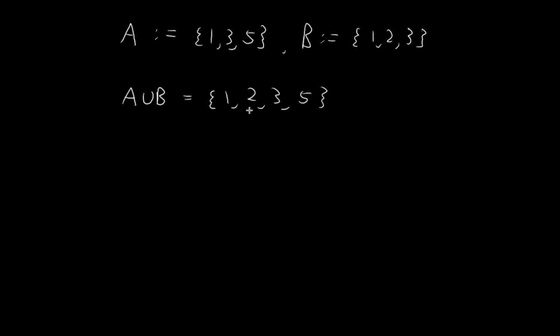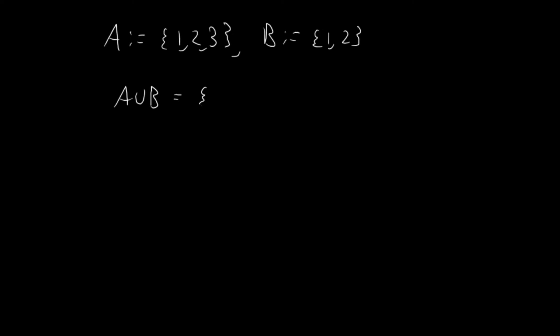That's because the number 2 shows up in the set B, the number 5 shows up in the set A, and the numbers 1 and 3 show up in both A and B. And so that's why we include these numbers inside A union B. You can understand A union B as combining the elements of both of these sets and then omitting the repeated elements, because in a set we do not care about repeated elements. So you can think of A union B as a process of combining two sets.